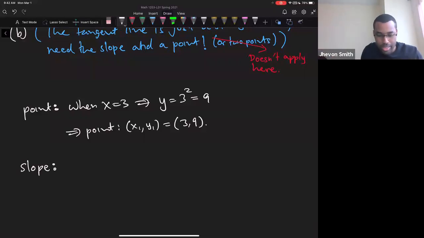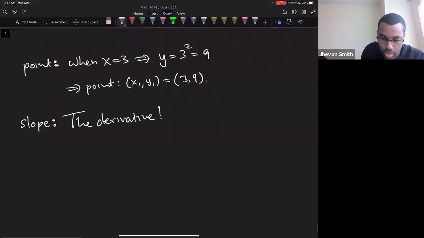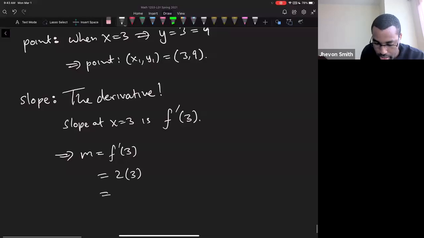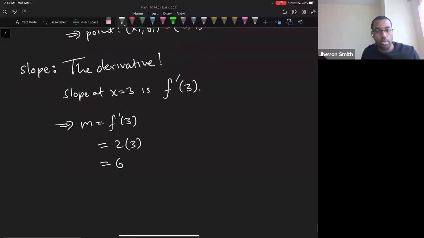The derivative is how you get the slope. So the slope at x equals 3 is f prime evaluated at 3. Here I would say m equals f prime of 3. I know f prime is 2x, so this is 2 times 3, which is 6. So the slope is 6.